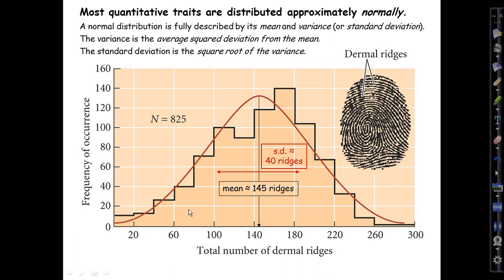In any event, it's a beautiful quantitative trait with a tail of a few people with very low counts and others with very high counts, most in the middle, with a standard deviation here of around 40 ridges on a mean of something like 145.